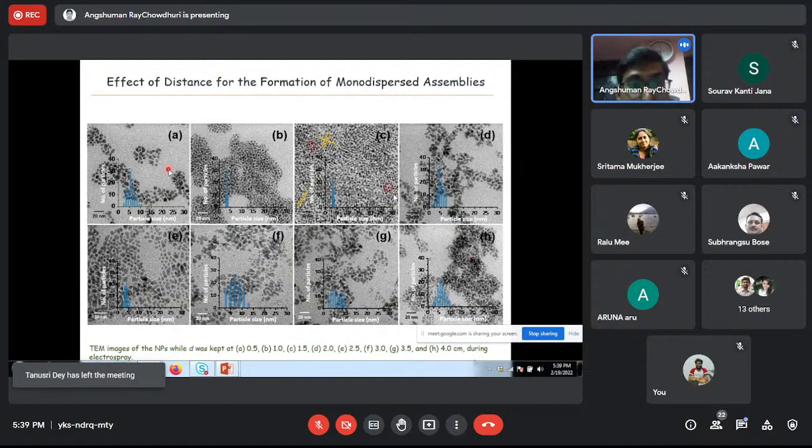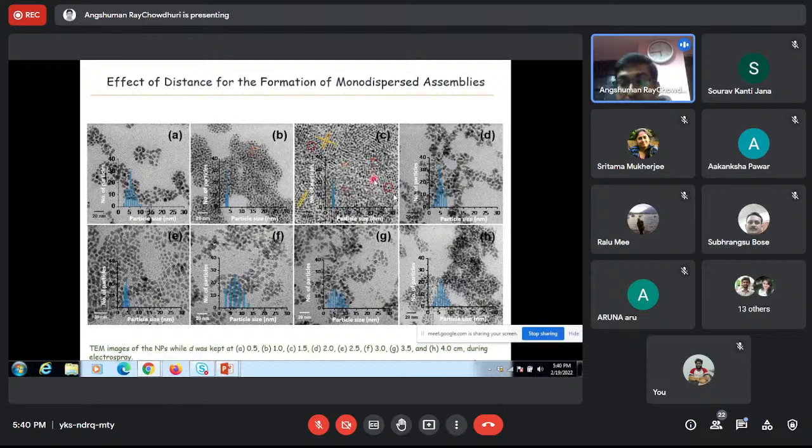When the tip to collector distance is less, there is very little time to reorganize the particles. The droplet gets very little time to reorganize, so the reorganization is not happening. You can see here the monodispersity is arising. Here there is less monodispersity, and the particle size distribution is more. Here it is less, but the assembly is not there because the droplets are not getting much time to reorganize or reassemble.